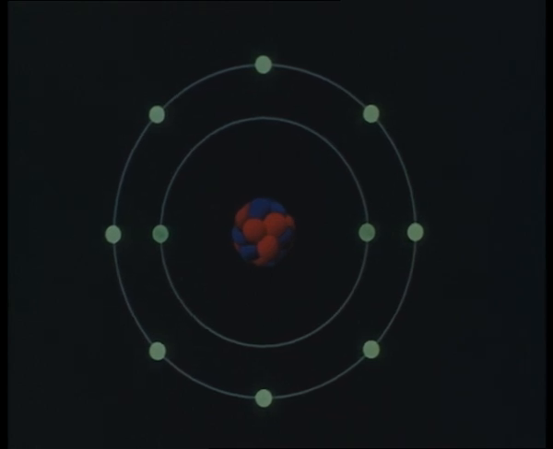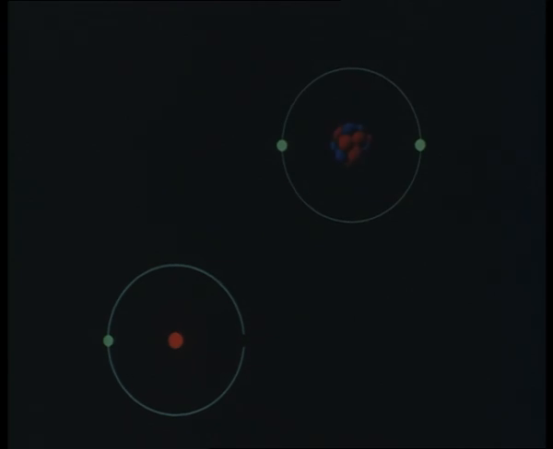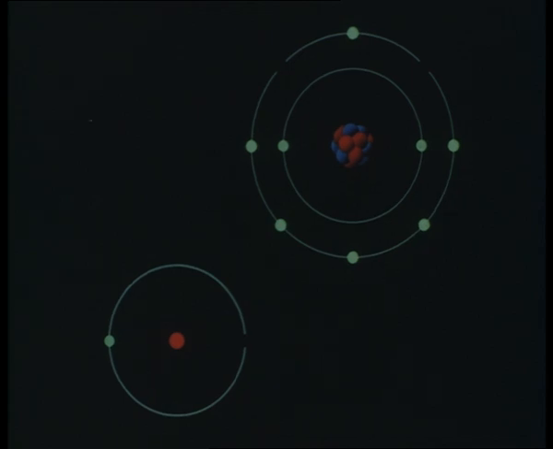First, hydrogen. The first shell can hold 2 electrons, but the atom of hydrogen has only 1, leaving 1 vacancy. Now for oxygen. The first shell is full. The second shell contains 6 electrons, but it could hold 8, so there are 2 vacancies.